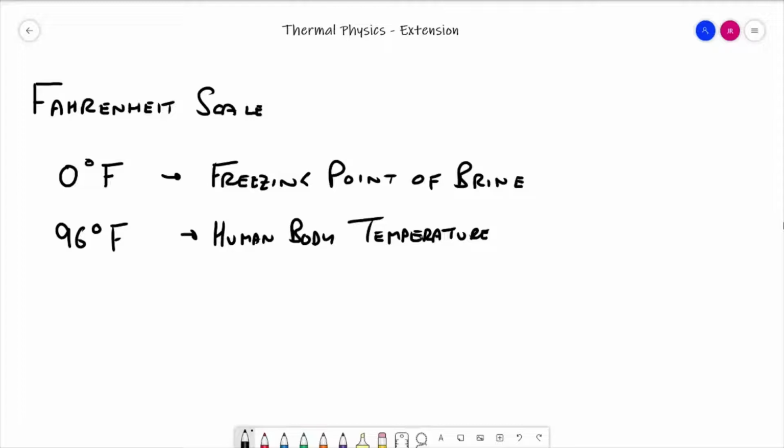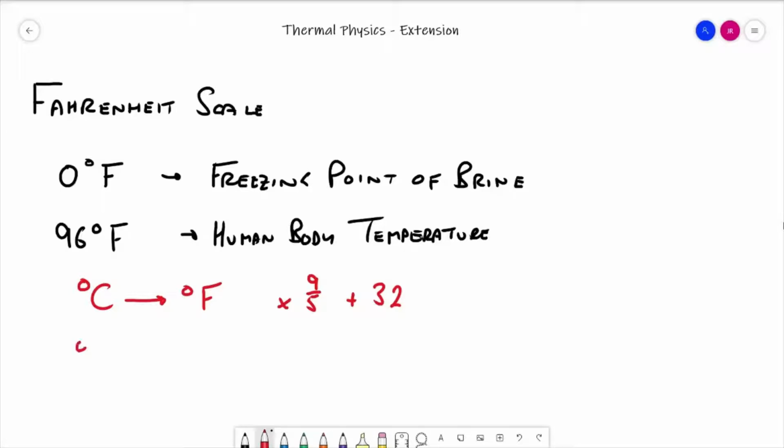Now in order to do your conversions, if we are going from degrees C to degrees Fahrenheit, you notice that we do use the degrees sign for Fahrenheit as well. Then what we're going to do is we're going to take the degree C, we're going to multiply it by 9/5, and then we're going to add 32.